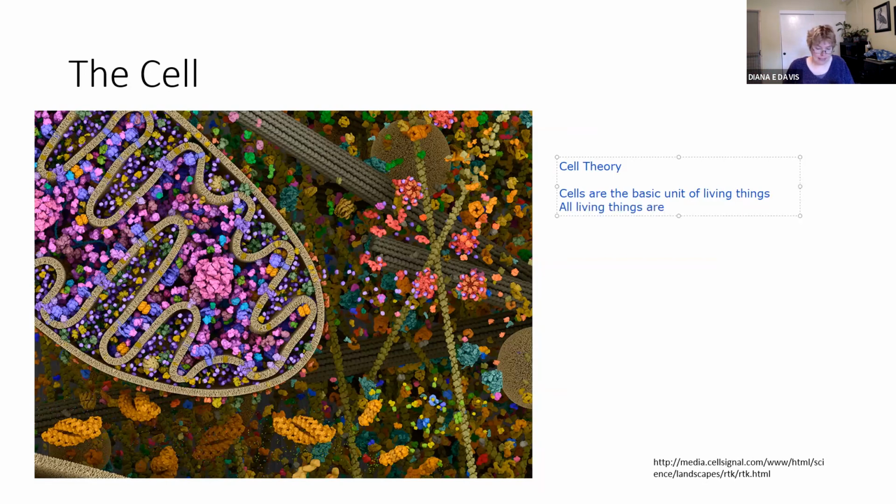Everything that's living is made up of one or more cells. Our definition of life says that you got to have a cell. If you don't have a cell, you're not considered living. And the last part of cell theory, cells only come from pre-existing cells. So that's the only way you get new cells, is when cells divide.